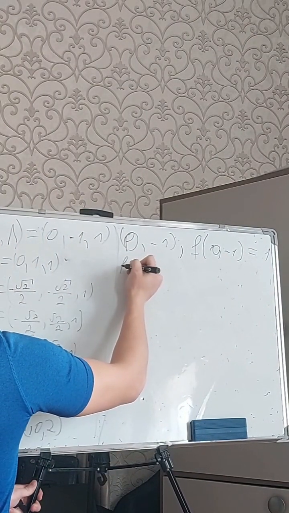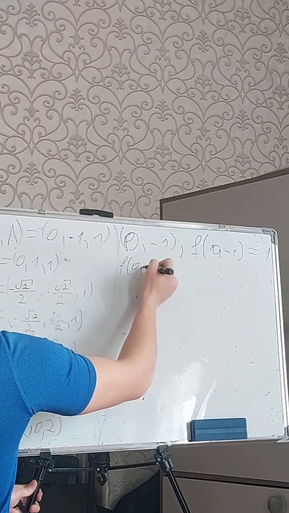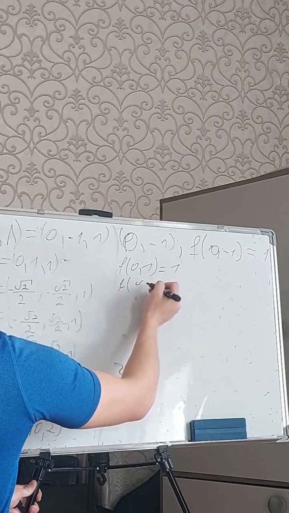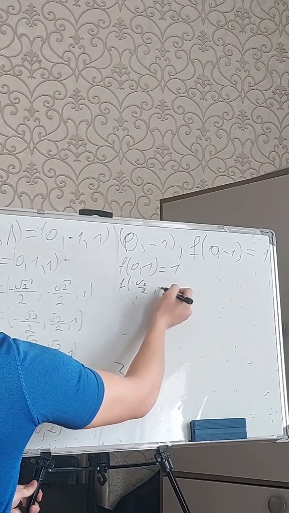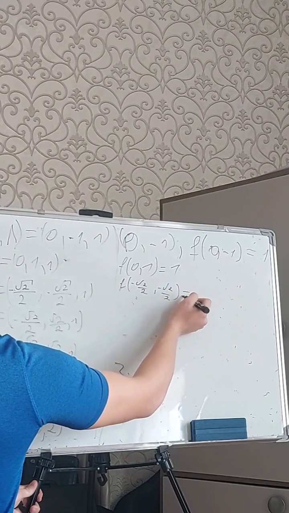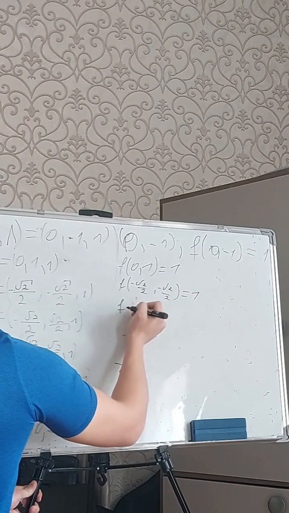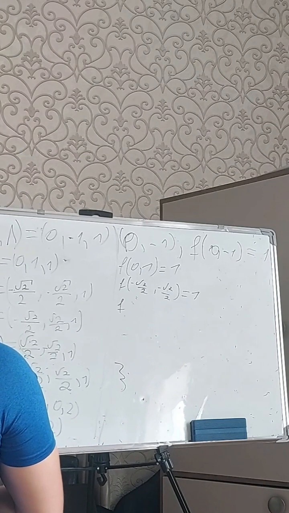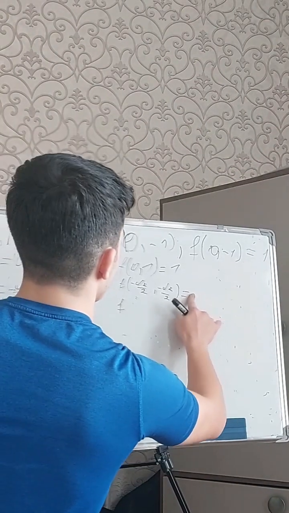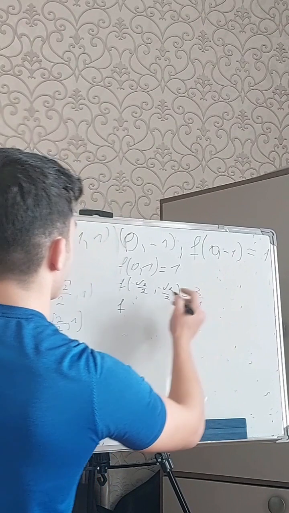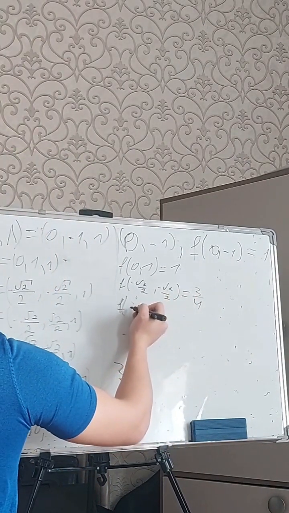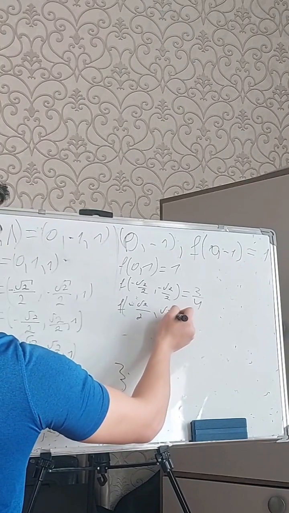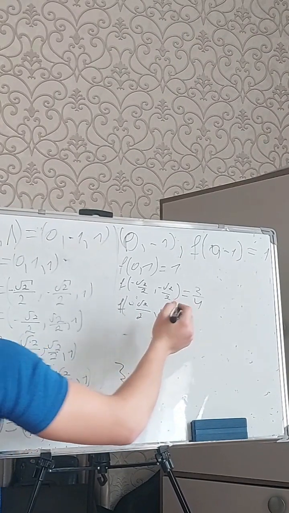And for the point with square root 2 over 2 in each coordinate, it equals... wait a minute, not 1. It equals 3 over 4. I will write this part very fast because it takes too much time.